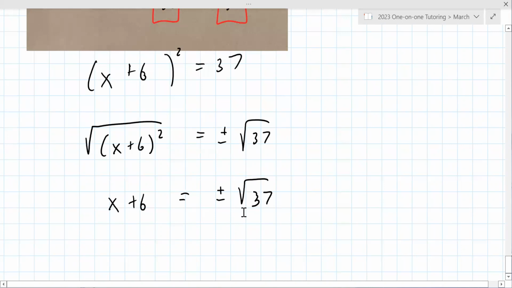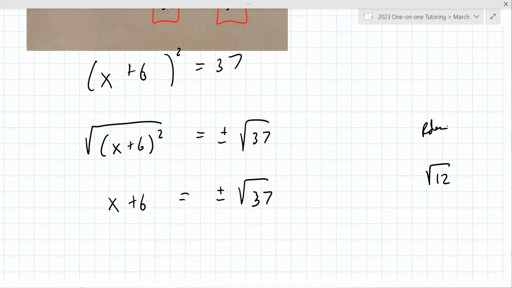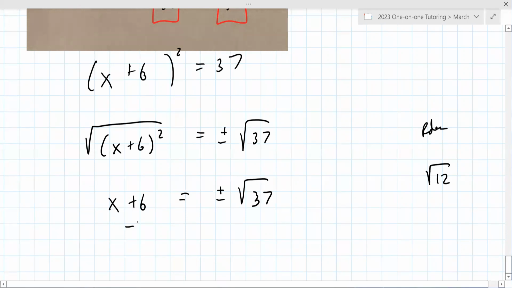You don't have to do anything here. Now, let's say it was the square root of 12, you would reduce that, but the square root of 37 isn't reducible. So when you subtract 6 here, you just put that right up in front. Minus 6 plus or minus the square root of 37, like that.